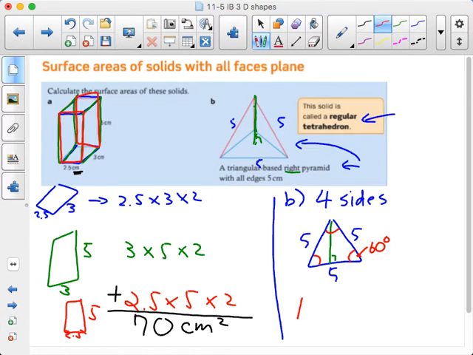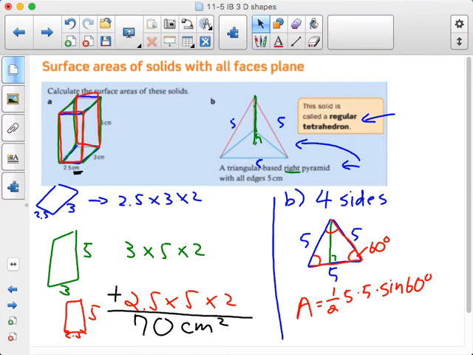Well, I know that if I have a side and an included angle, then I don't have to deal with any sort of square roots or things like that.